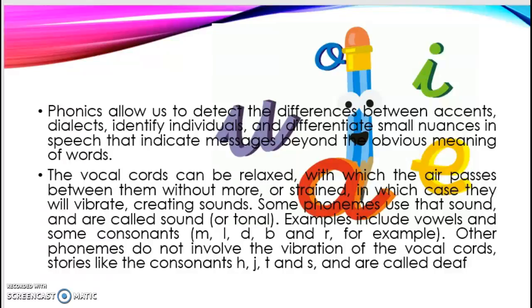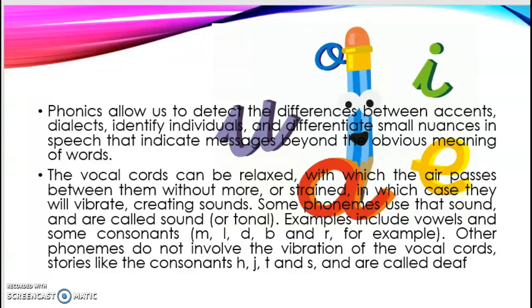The vocal cords can be relaxed, in which case the air passes between them without obstruction, or strained, in which case they will vibrate, creating sound. Some phonemes use that sound and are called voiced or tonal.